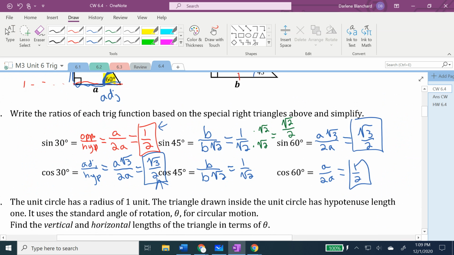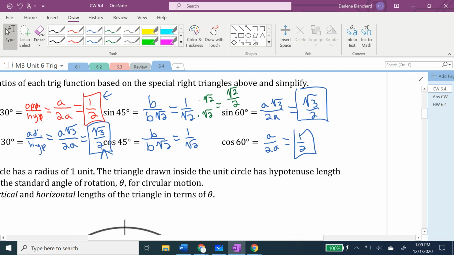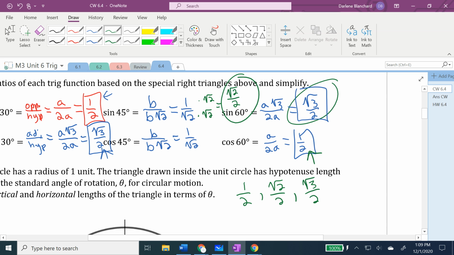Because now the numbers are 1 over 2, root 2 over 2, and root 3 over 2. These are the only numbers that are coming out of the sine and cosines of the angles of my special right triangle.